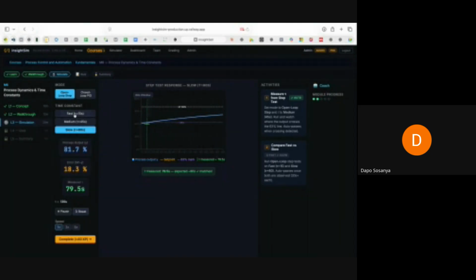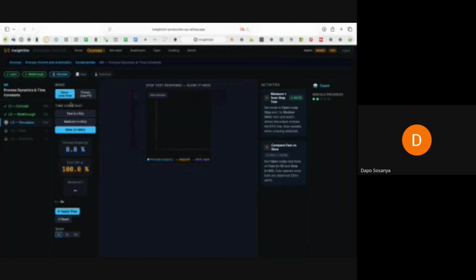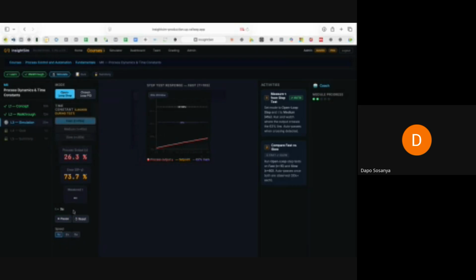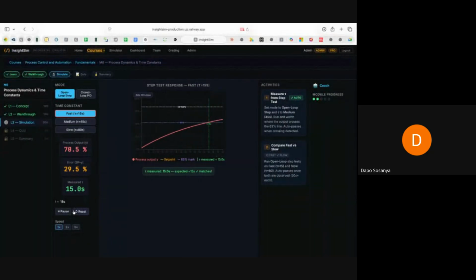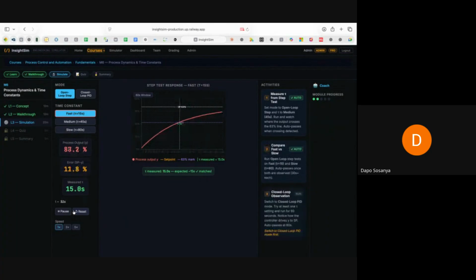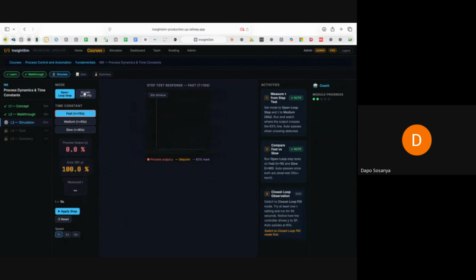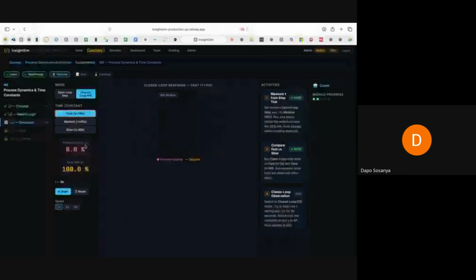Now let's run at 15 seconds. You can see how fast it is moving. And then we can switch to the closed loop, and then let's just run at this.